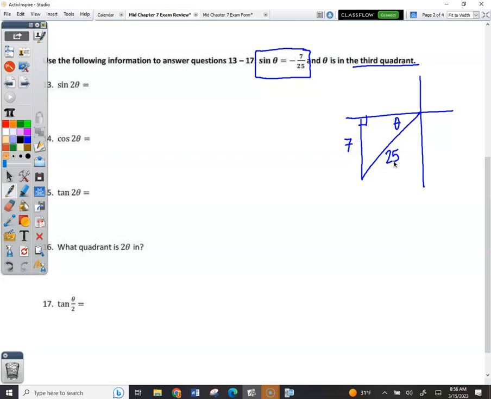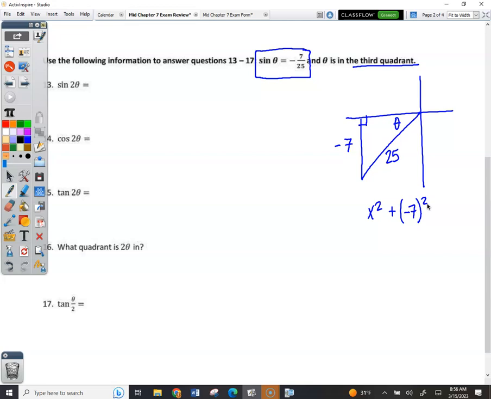Now it says sine is negative. Which number is allowed to be negative? The 7 can be. The radius is never negative. Before I can proceed, I do have to do the Pythagorean theorem here to find that x coordinate. If you're bad with negatives, then just use a regular 7 here. I hate to write 7 squared because it's technically wrong, because it's negative 7.